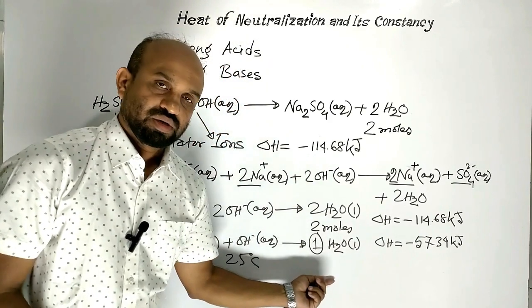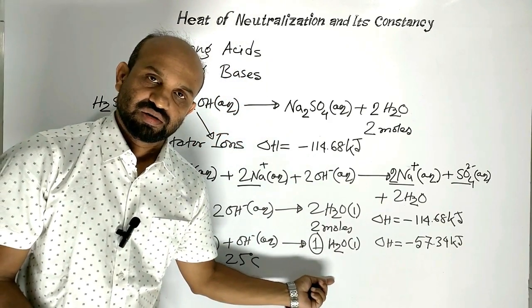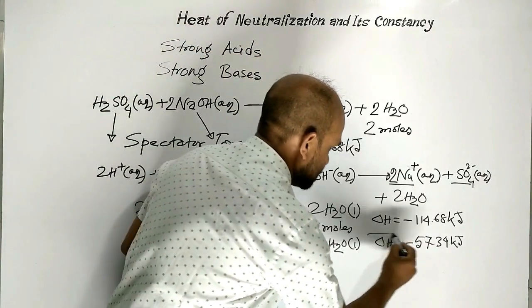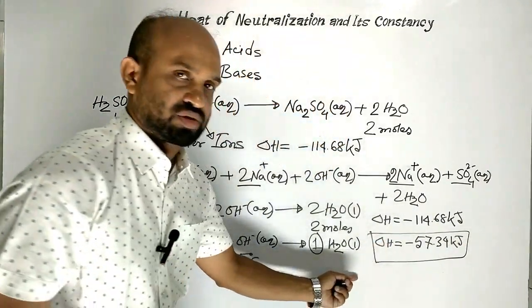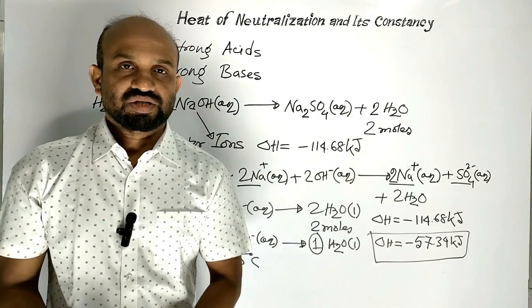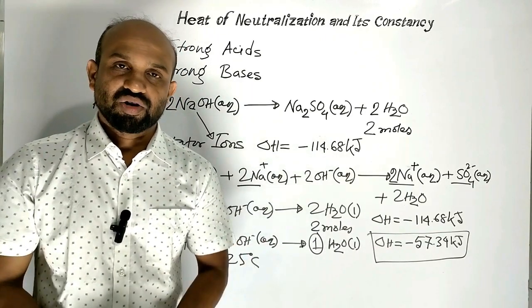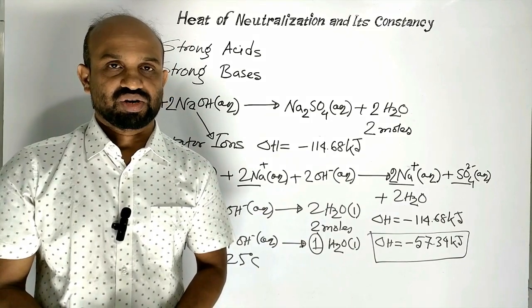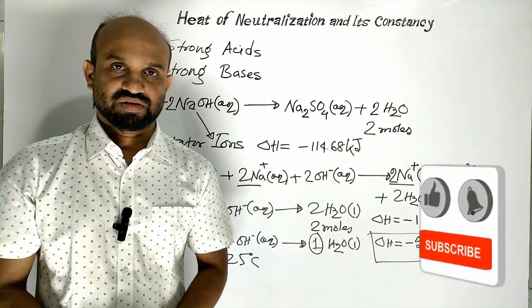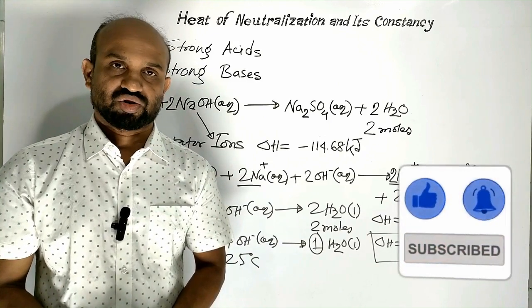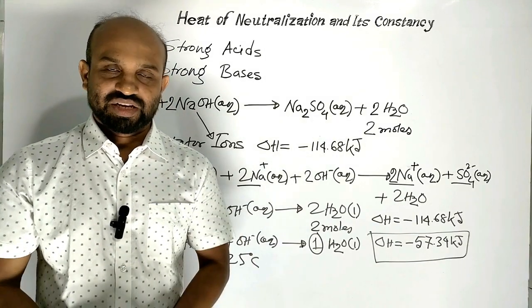So in this reaction as well, to form 1 mole water, this amount of heat is produced. That is the constancy of heat of neutralization: the value remains constant for strong acids and strong bases. No more today. Thank you very much.